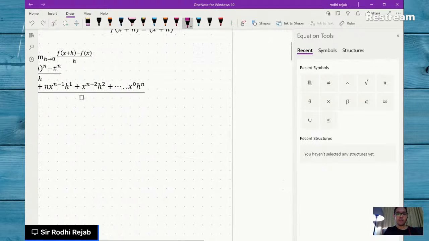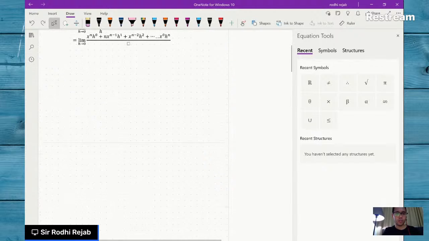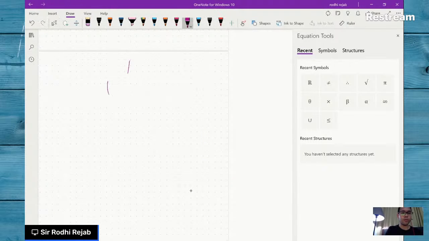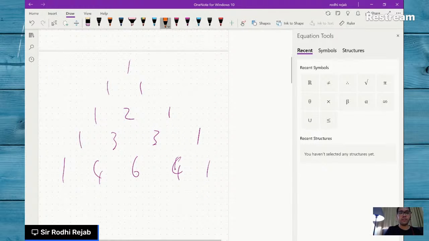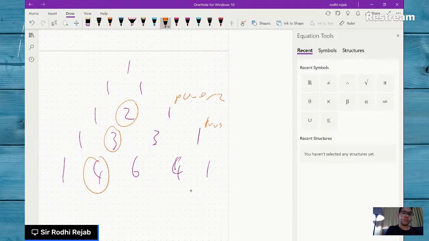Let me put it aside a bit. If I do 1 1, 1 2 1, 1 3 3 1, 1 4 6 4 1, the idea is if this is a power 2, the next row is power 3, and if this is 4, it's a power 4. So it's going to be 1 at the start, something something something, and 1 at the end when it's a power n.